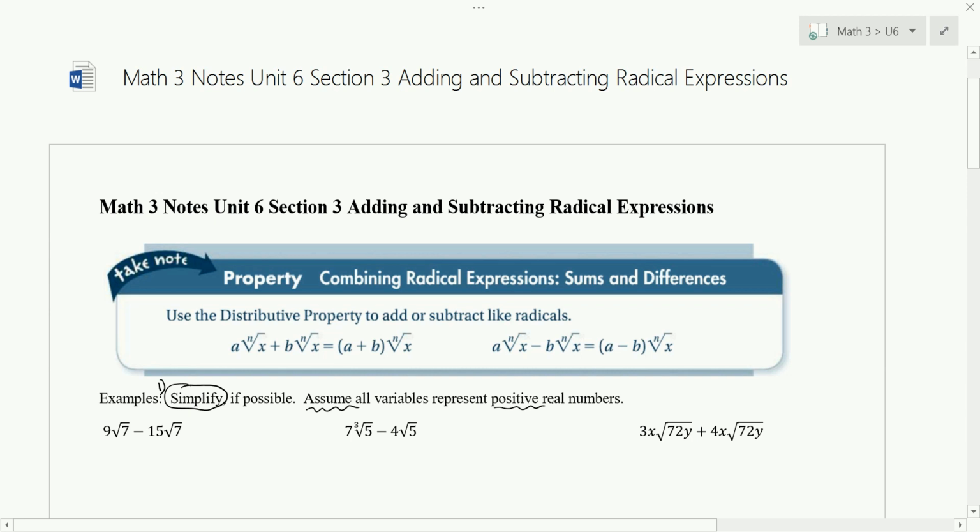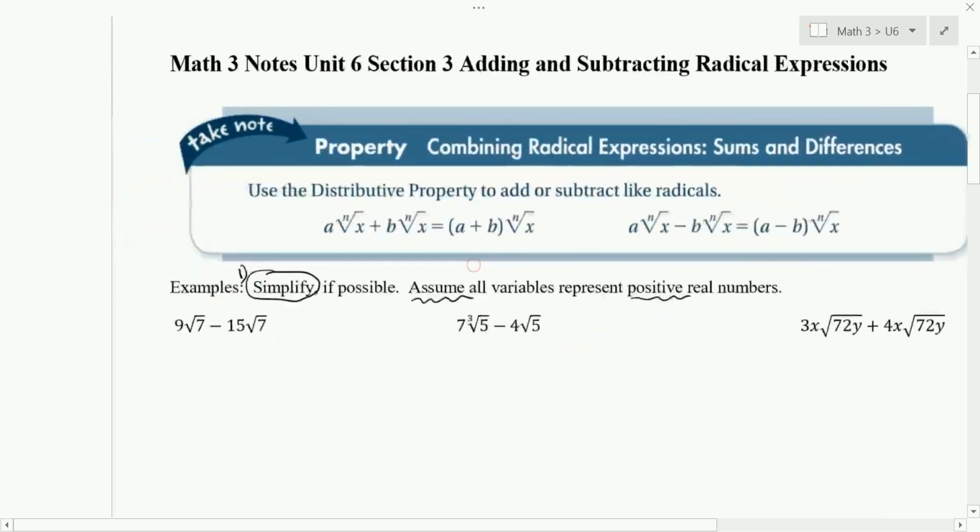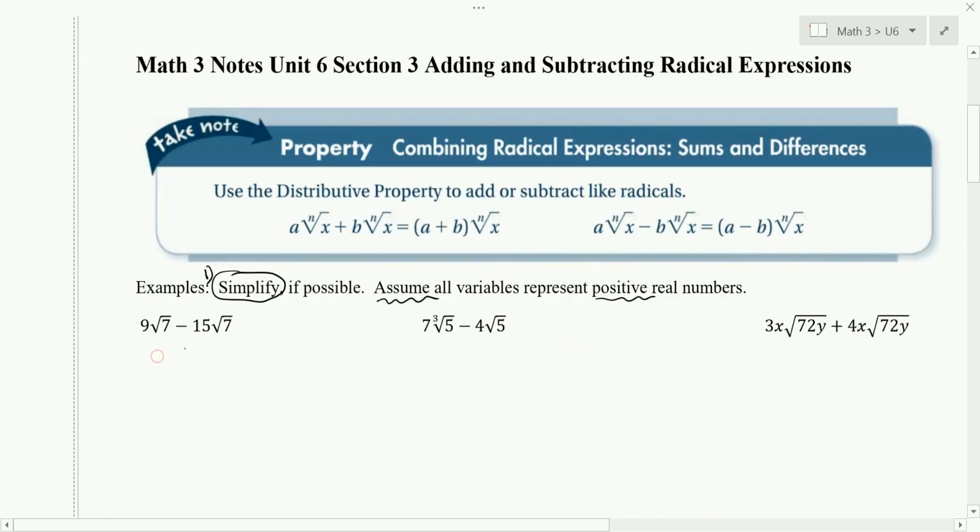On the first one, 9 root 7 minus 15 root 7, because they both have matching root 7s, you're going to subtract the 9 and the 15. So 9 minus 15 gives us negative 6. And don't change the root. The root stays the same. You're just subtracting the coefficients.